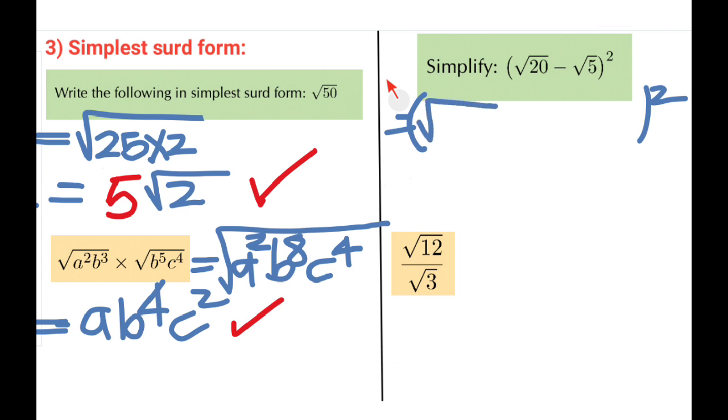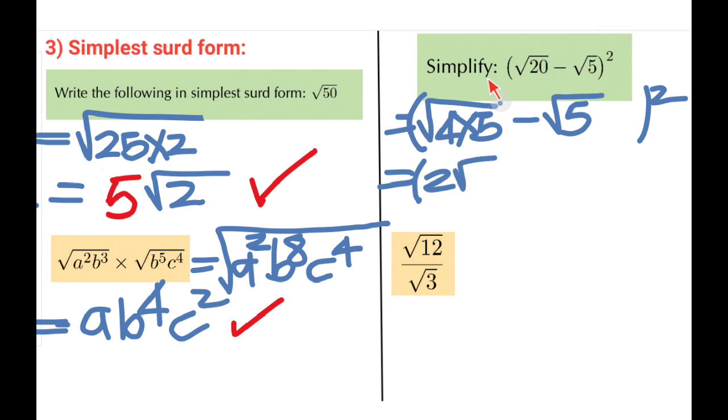The factors of 20 where one is a perfect square are 4 and 5. So that's the square root of 4 times 5, where 4 is a perfect square, minus the square root of 5. If you take out the 4, that becomes 2 square root of 5 minus square root of 5.